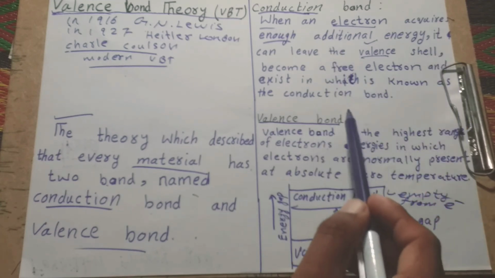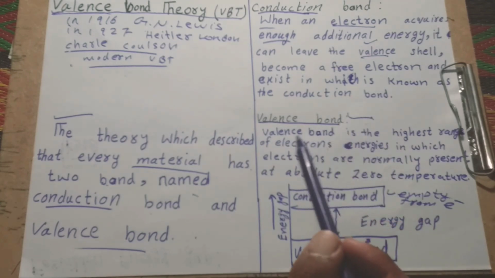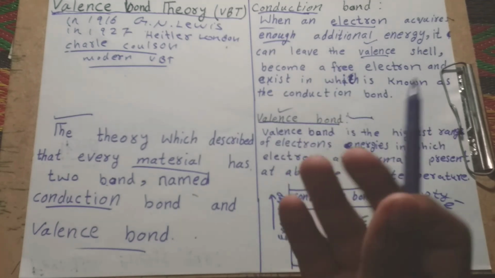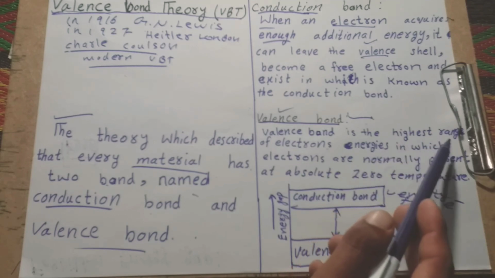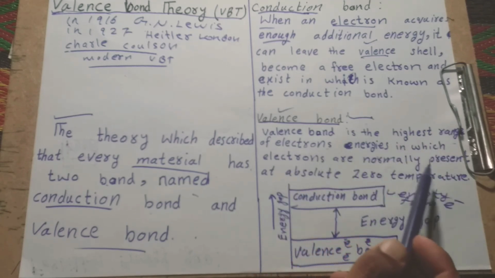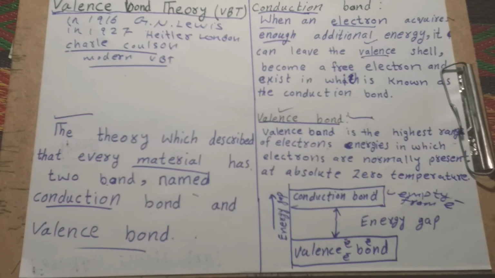Okay, understand? What is a valence band? Valence means outer. The valence band is the highest range of electron energies in which electrons are normally present at absolute zero temperature. It means that at zero temperature, the electrons are normally present in the valence band.